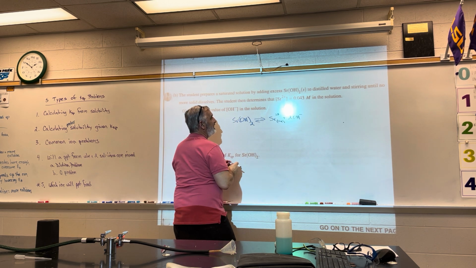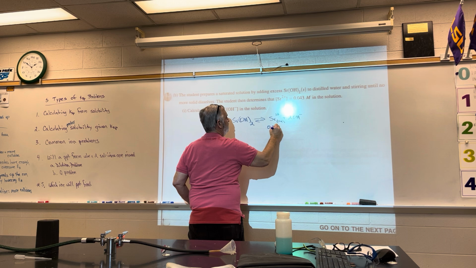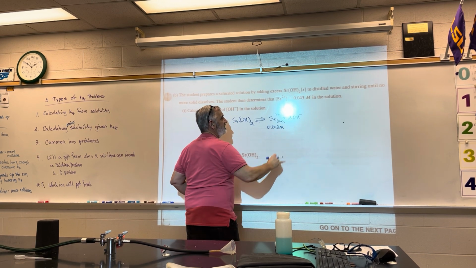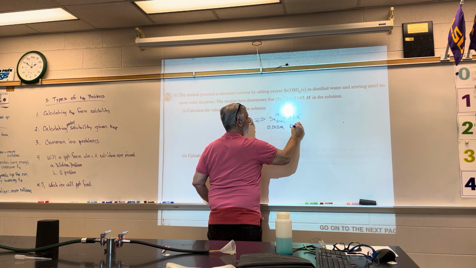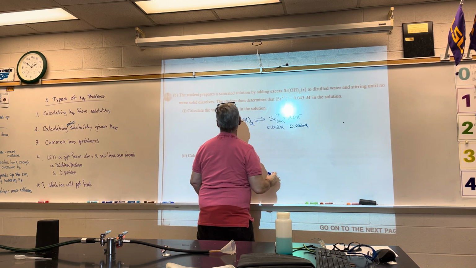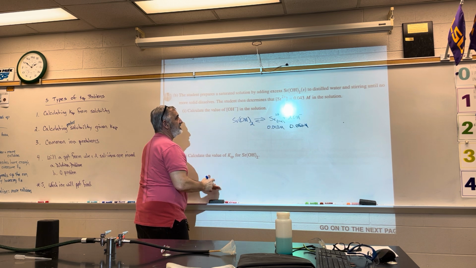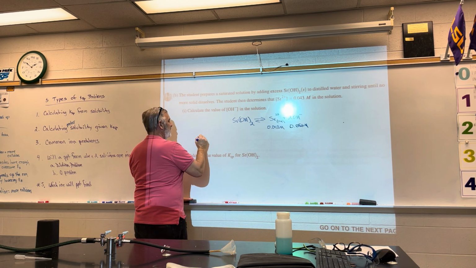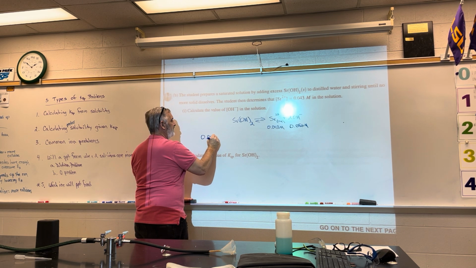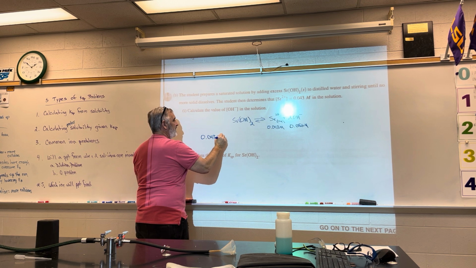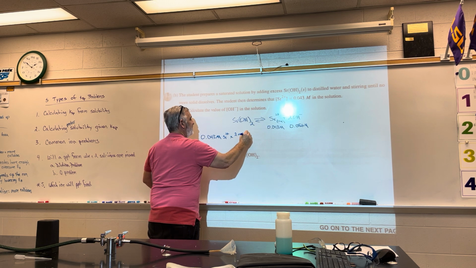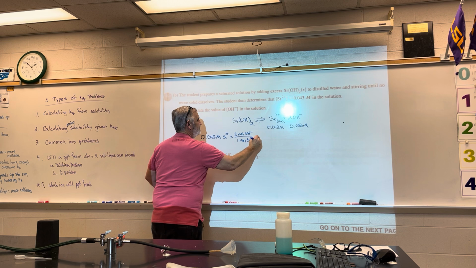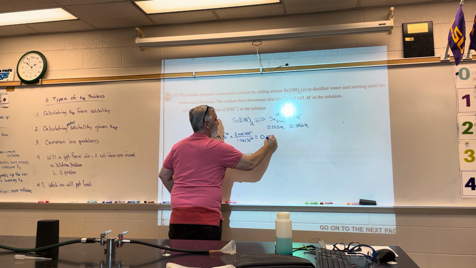So if it turns out that this is 0.043 molar, what do we know that is? 0.086, right? So it says calculate the value of the OH minus. To show the work, I would go 0.043 molar Sr2+ times 2 moles OH minus for every 1 mole Sr2+ is equal to 0.086 molar.